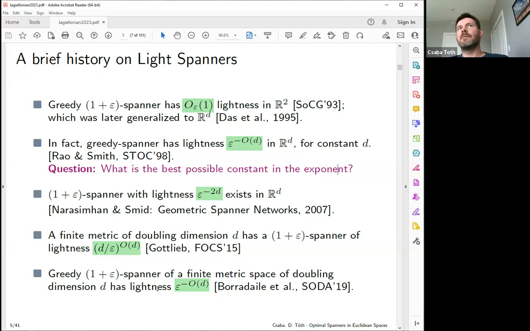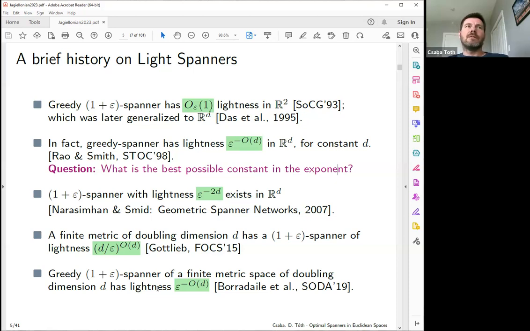For a long time, people were just happy with this kind of bound, that for constant epsilon, the lightness is constant. But then more recently, after a question raised by Rao and Smith, it's also interesting how exactly this constant depends on epsilon.